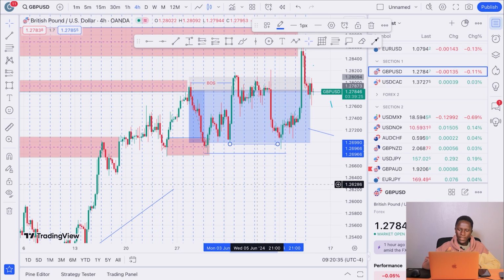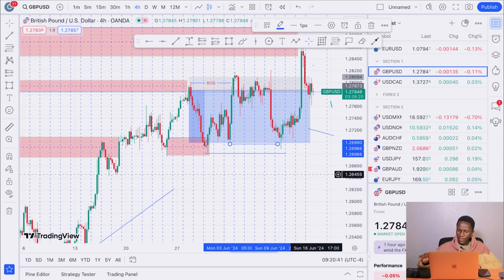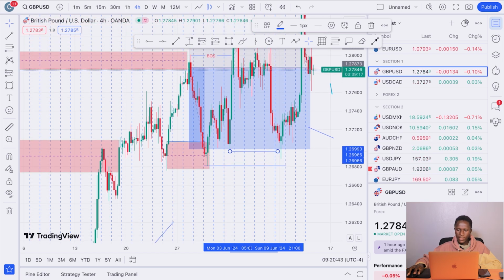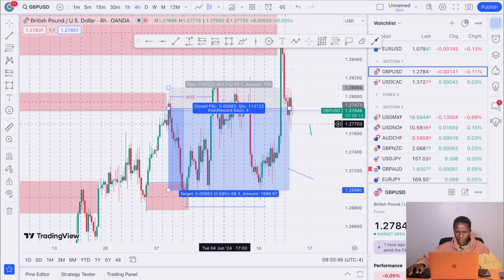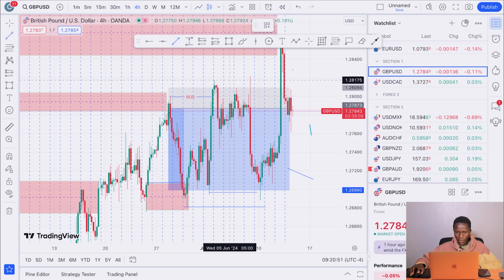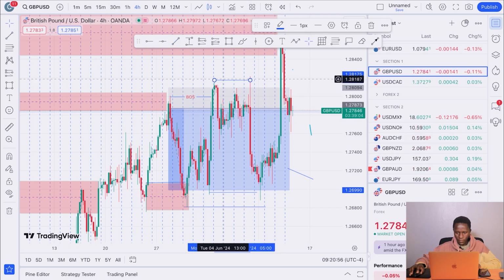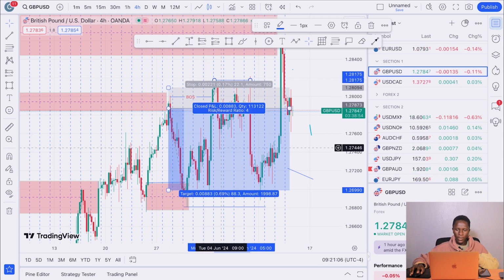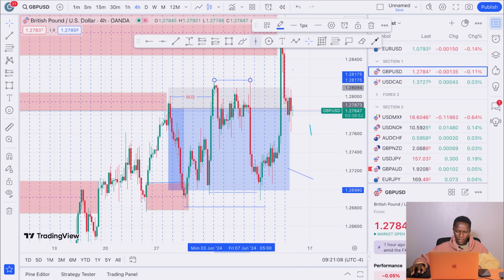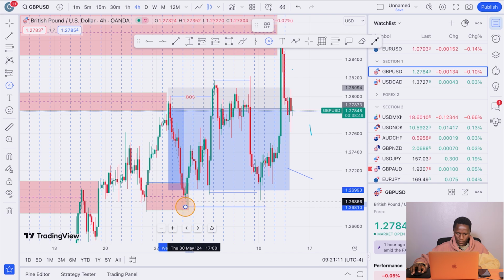And the market didn't leave behind any inducement, like it didn't make any leg. So after it made a leg here, after breaking in here, after this high was swept, when we are mapping here, we will confirm the low. Like this low now here was confirmed.